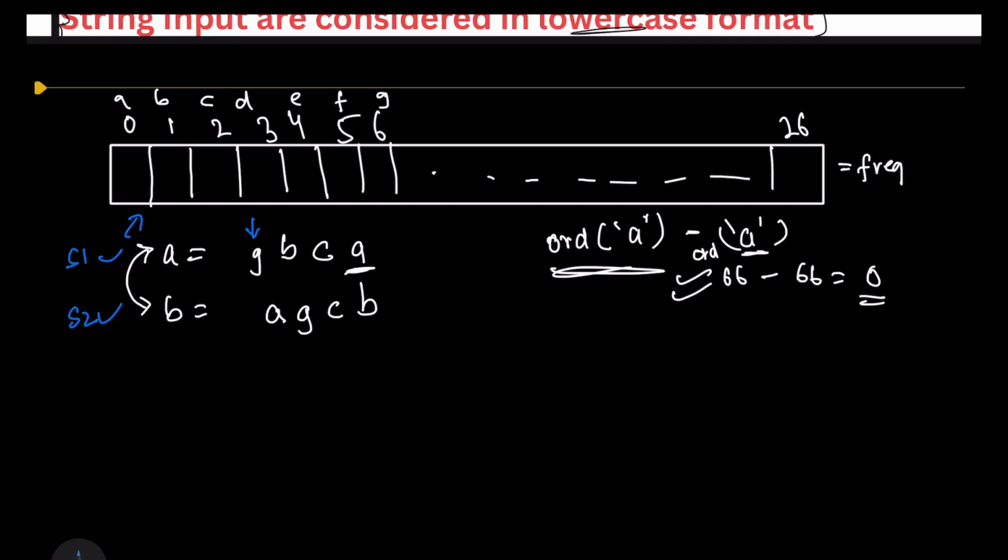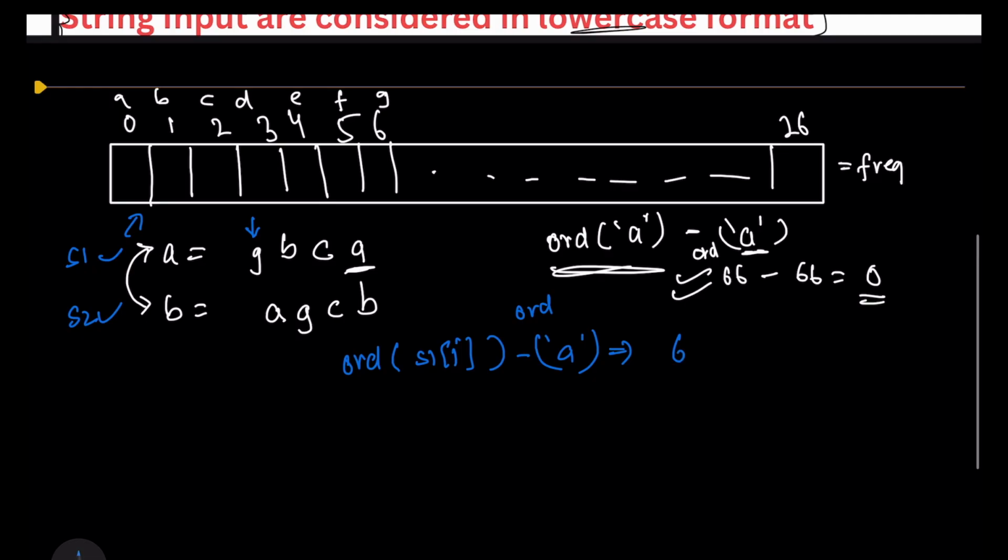So I will find the respective ASCII value, as I told: ord of S1 of i minus ord of A. In Python it would be ord, otherwise it differs in other languages. After computation, you will get 6 as an index, and you just need to increment it by 1. Initially everything was initialized as 0, so whatever you get at runtime, just update it.